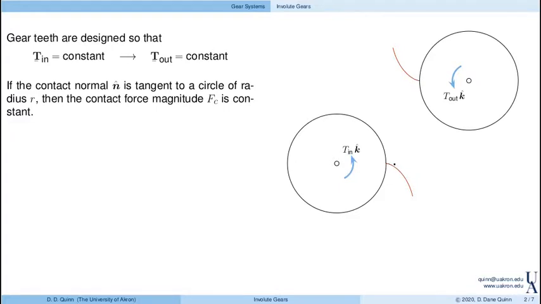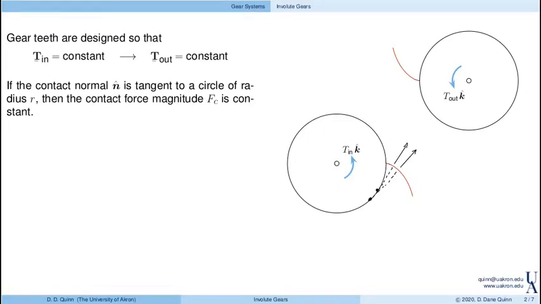In particular, if I draw the contact normal, so that's the normal to this surface, that normal direction is actually tangent to a circle. The nice thing about this curve, though, is that if I draw a normal at a different spot, say over here, that normal is also tangent to the same circle.